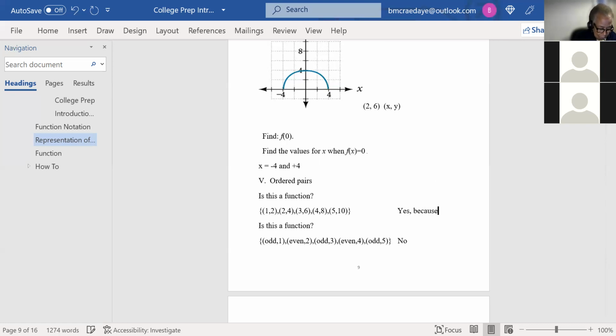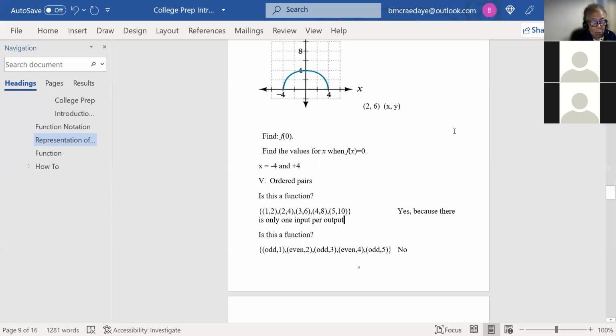Because there is only one input per output.